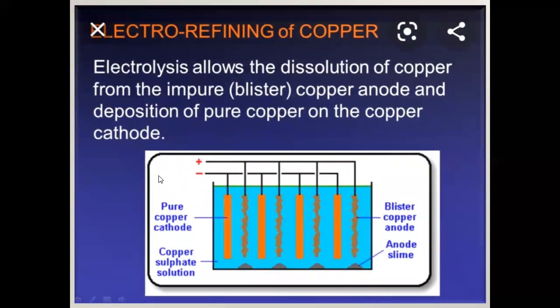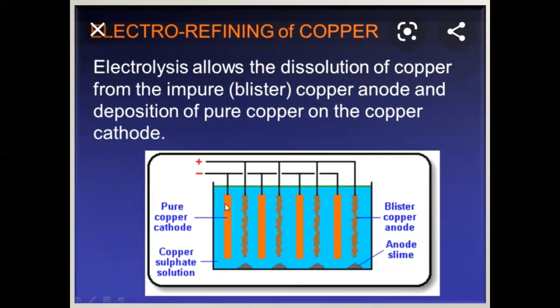Electrolysis allows the dissolution of copper from the impure blister copper anode and deposition of pure copper on the copper cathode. You can see in this electrolytic cell there are many anodes and cathodes.